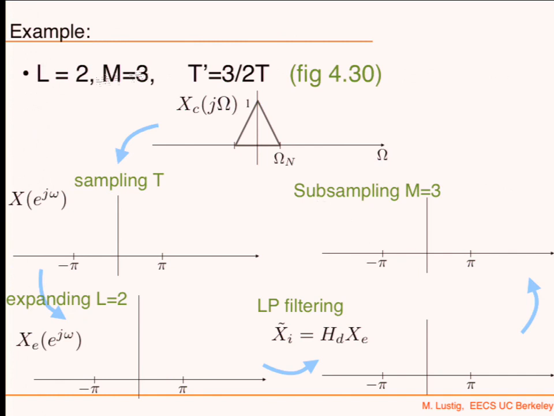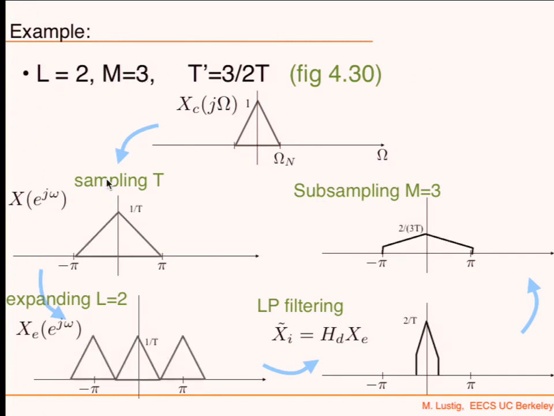Here's an example. L equals 2, M equals 3. If you sample at a certain rate, this is what you have. If you expand by L of 2, you get this. Now you low-pass filter, so you get that, and then you spread it to get this. So this is as if I went from here, low-pass filtered, to a certain rate, and then went to this place. So that works.